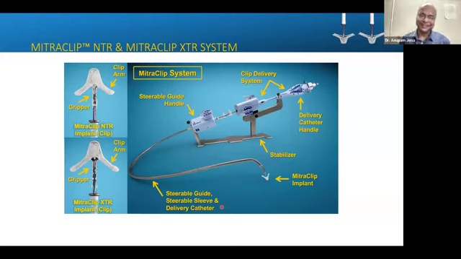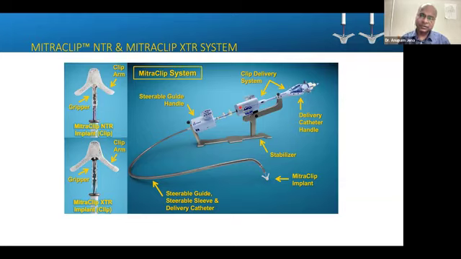Yeah, thank you, sir. So basically, this is the system. Here we have two things: the clip delivery system and the guiding sheath. This is the steerable guiding sheath, and there are 4 types of movement. We can have the medial and lateral, this is the ML. Then we rotate the system for an anterior and posterior orientation.